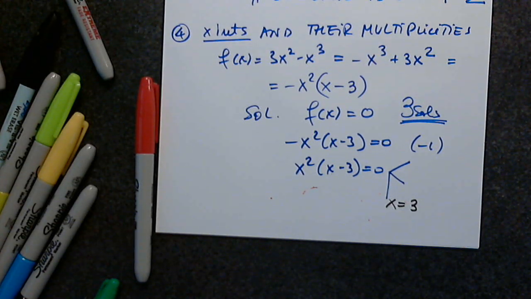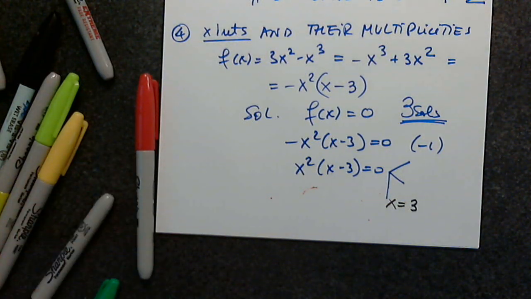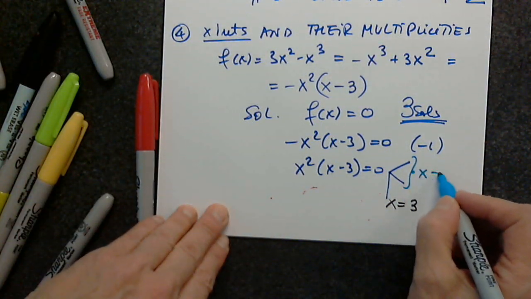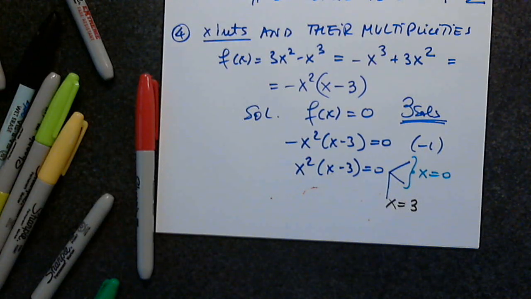So, can anyone give us 2 more solutions? Very good. X equals 0, x equals 0, and x minus 3 equals 0. Awesome.